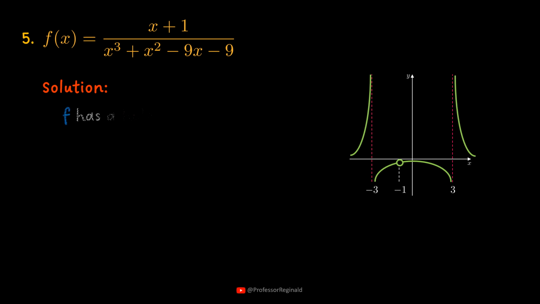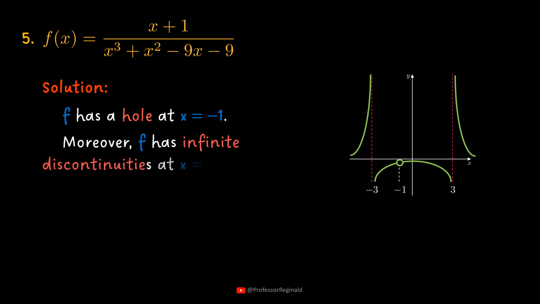The graph shows that f has a hole, a removable discontinuity, at x equals negative 1. Moreover, f has infinite discontinuities, non-removable discontinuities, at x equals negative 3 and x equals 3. f is discontinuous at x equals negative 3, x equals negative 1, and x equals 3.